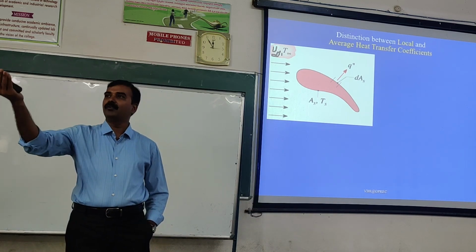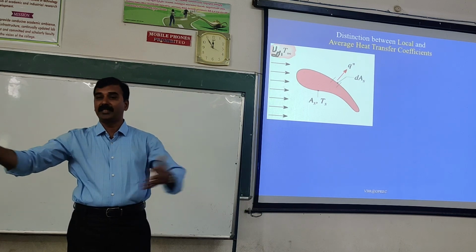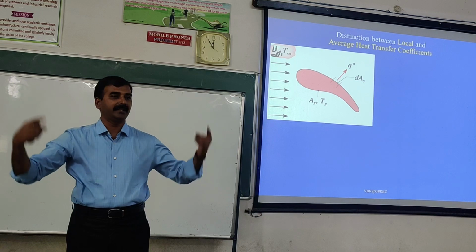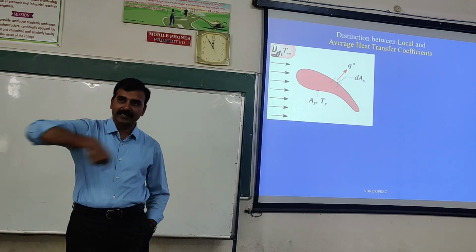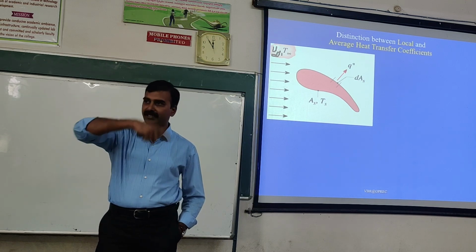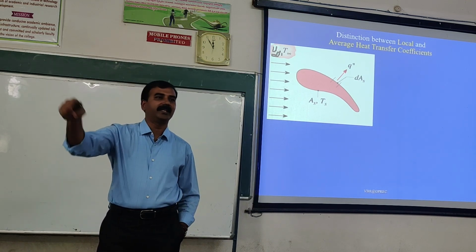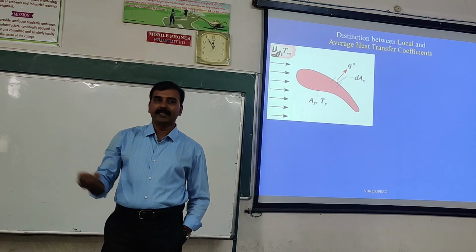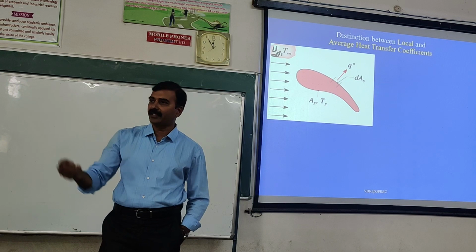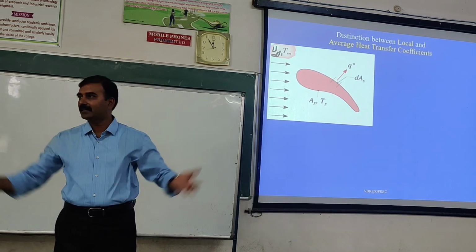Because of the fluid motion, because of natural ventilation, because of the fact that three people are sitting or only two people are sitting or only one person is sitting, right? Now I am considering the entire class as one single body, right? And the body at different parts is experiencing different conditions. So therefore, the heat transfer coefficient is bound to be different at different points of this entire single body.